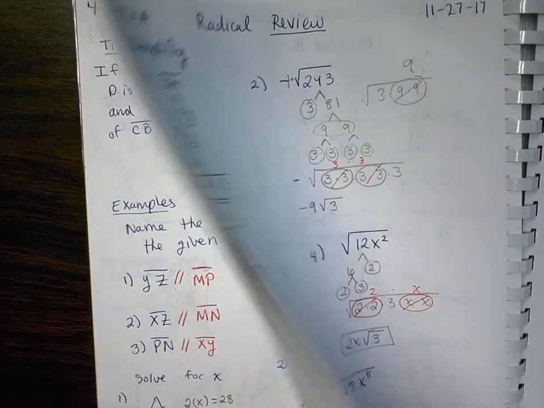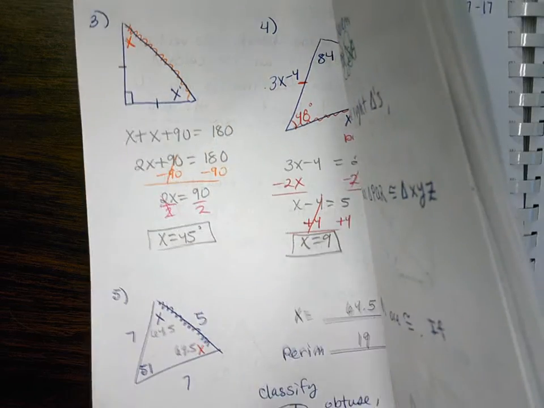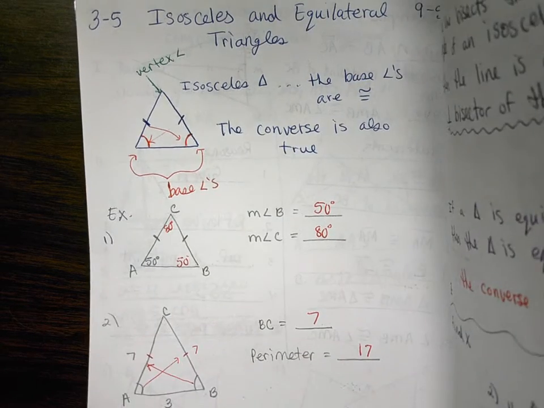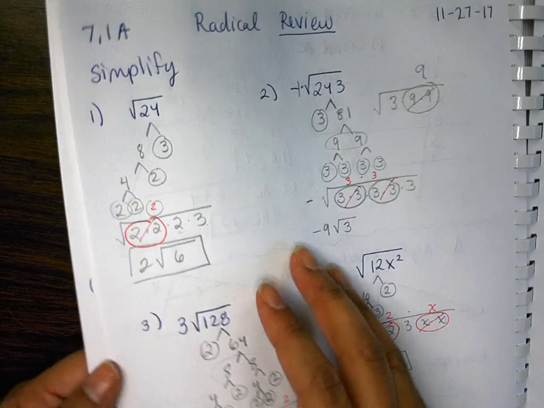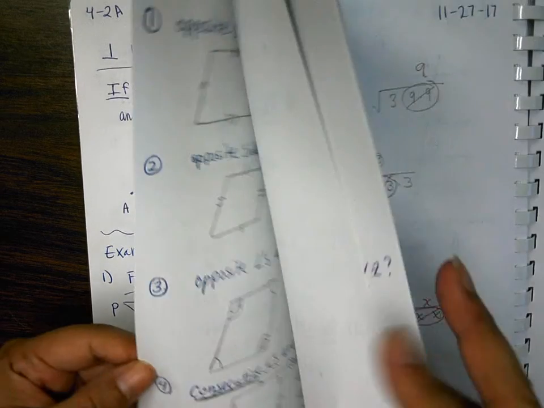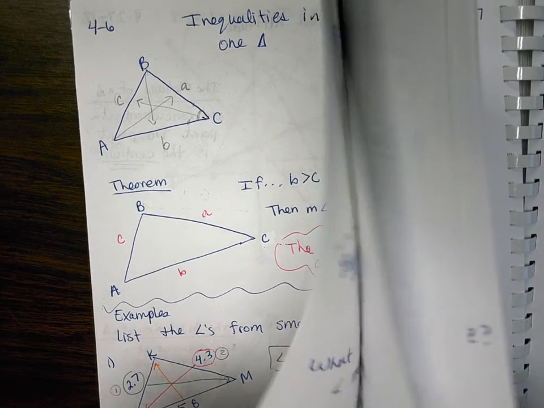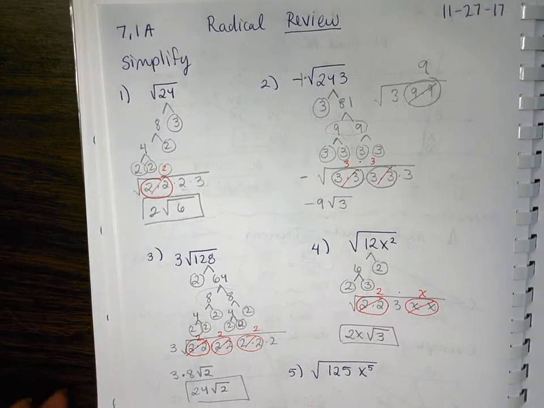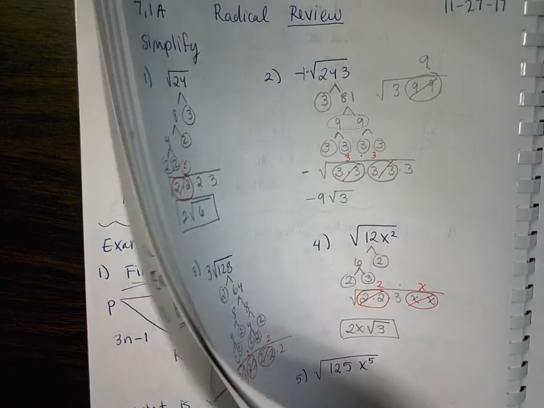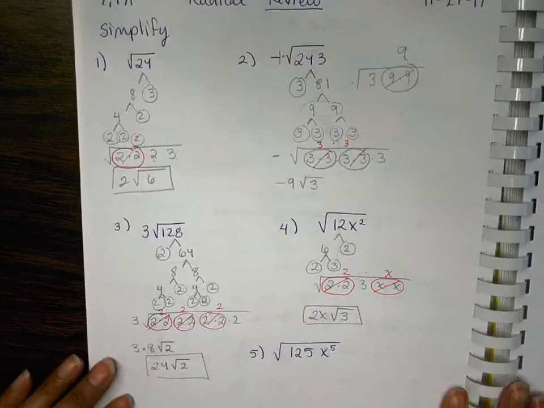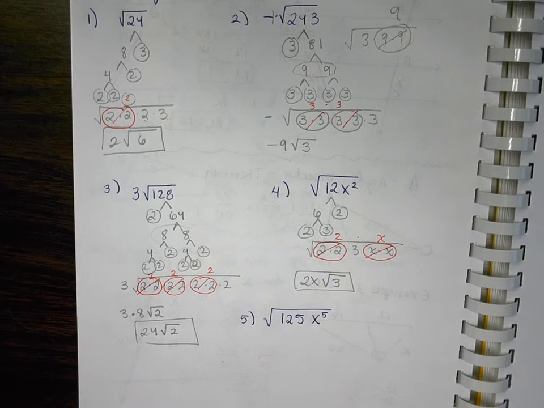We did it when we were doing the distance formula, and we had to simplify to show that one distance was double the other distance. Do you guys remember that? Yeah, that's when we first learned how to work with radicals. I can't find it in the notebook, but we have it in there somewhere, where we doubled. And we learned how to simplify radicals then. I'll have to look for it and show it to you, but we've seen the radicals, so it's just review of the radicals, not review of everything. All right, you're breaking up.